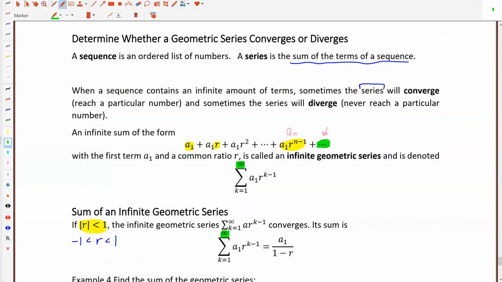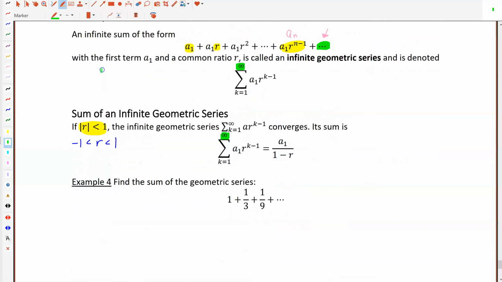Now to me that seems like a crazy idea on the surface, right? I'm going to keep adding a whole bunch of stuff and I'm going to keep adding to it, and you're telling me that I will approach a specific finite value? I would normally think if I keep adding to it, then it's just going to keep getting bigger. And the idea for these is the things that we're going to be adding to it are going to get so small as we go further and further out into the sequence that those infinitesimal steps are not going to make a major difference to that overall sum, and that value is going to be getting closer and closer to a particular number.